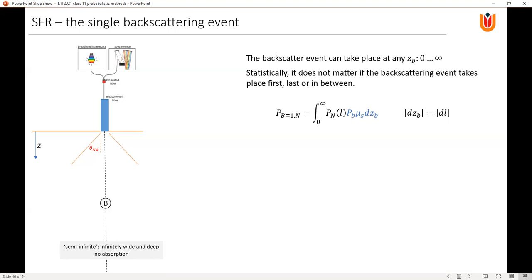So that will be again US for the 1 backscattering event. PB would be the probability of being scattered in the backward direction. And then we have to have this integration variable.